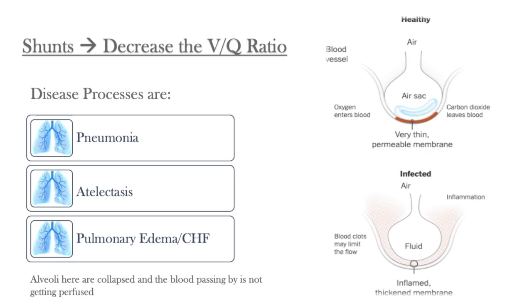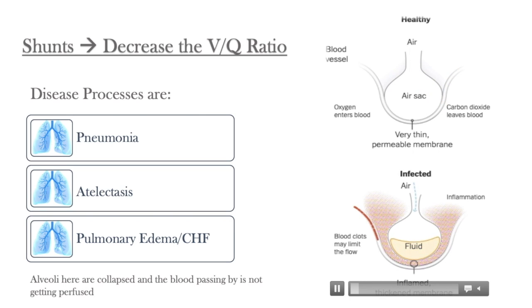Shunts, once again, are a decrease in the VQ ratio, where alveoli are collapsed and the blood passing by is not getting oxygenated. Some disease processes are pneumonia, atelectasis, and severe CHF associated with pulmonary edema.